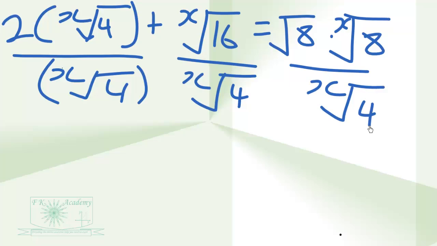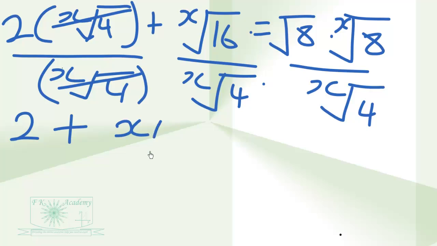We now apply the property of radicals. This can cancel this. We are left with 2 plus, now we give the numerator and the denominator the same radical sign. So we have x root of 16 divided by 4.